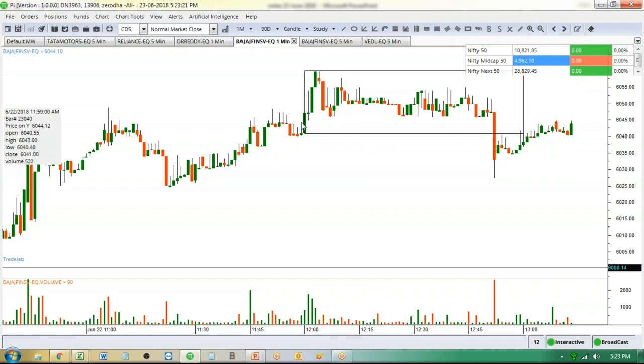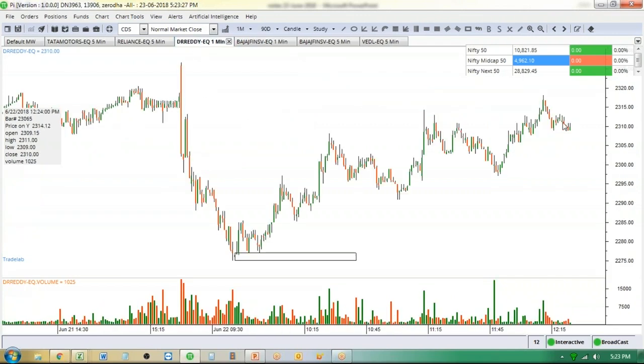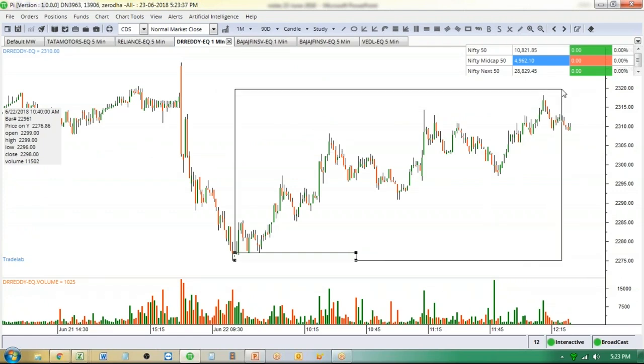A box maximum should be 0.5%. Say for example, if you're trading Dr. Reddy, 1% is 22 rupees. Now just imagine if this box is 50 rupees, this big. There's no point in trading this, because you will make a position here, and your stop loss ideally should be here.